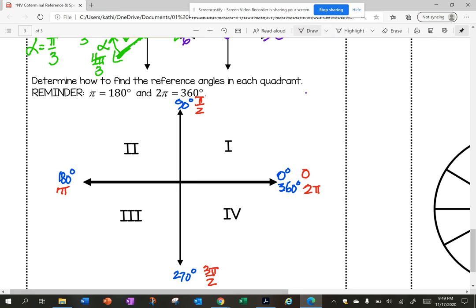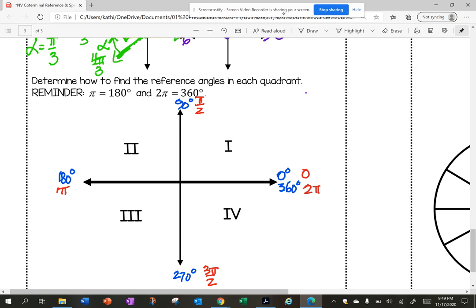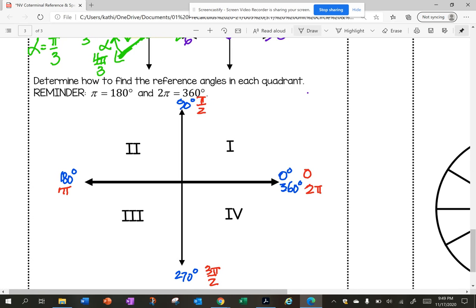So when I have an angle in the first quadrant, here, this would be my theta, and this would be my alpha. So alpha always equals my angle theta in the first quadrant.